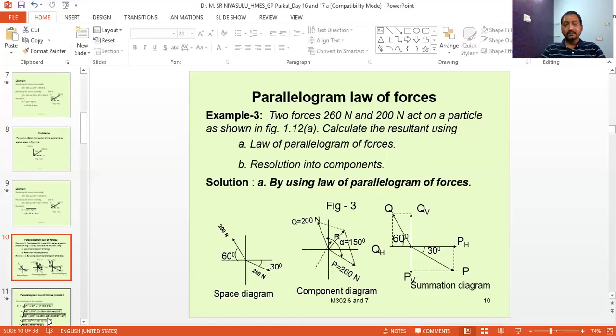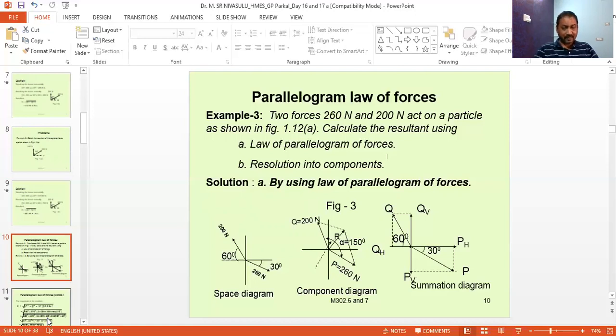Calculate the resultant using A, law of parallelogram of forces, B, resolution into components.